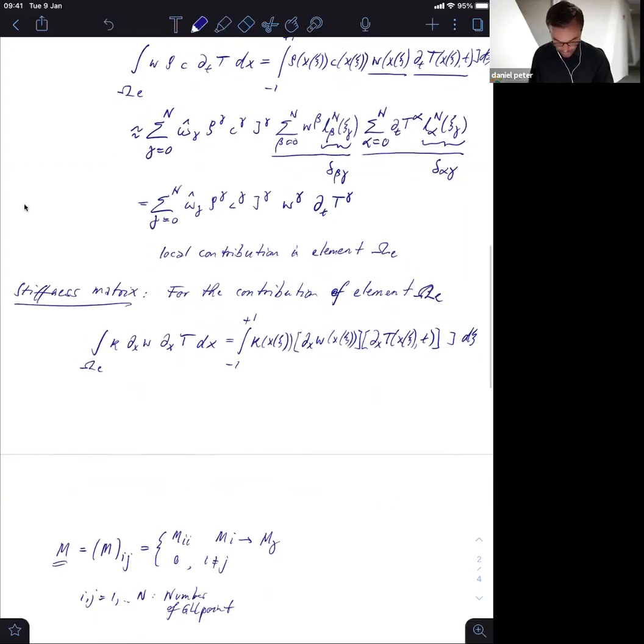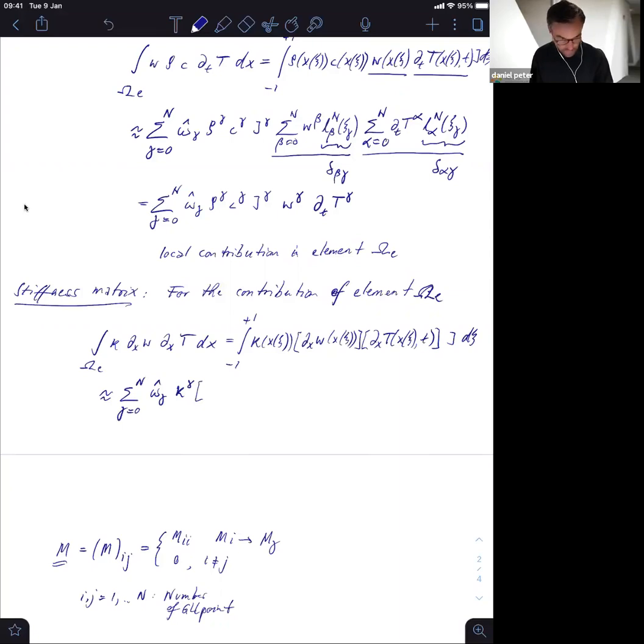So in this one, we're going to approximate by the quadrature. So now it becomes the sum over our GLL points, gamma. So we have the integration weight times the conductivity coefficient at that GLL point, gamma.